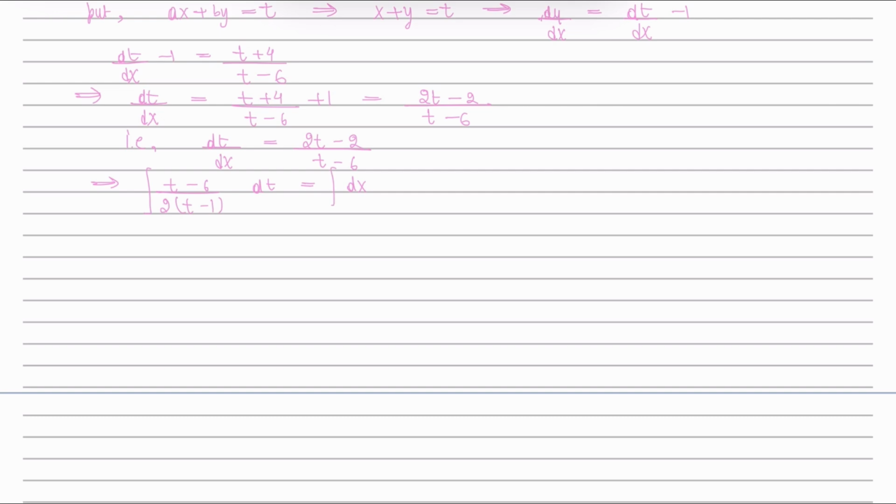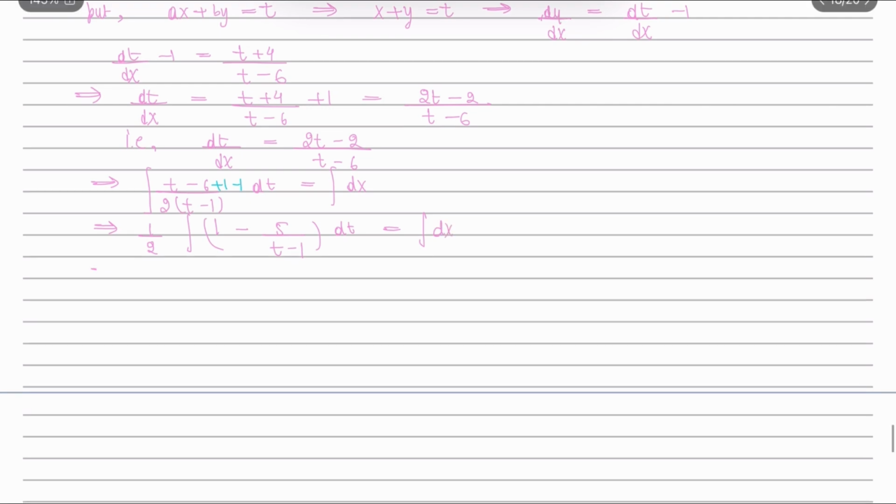Integrating both sides, the left hand side can be simplified into (1 minus 5 upon (t minus 1)) dt. I have done this by simply adding and subtracting 1 here, and the right hand side will be the same. After integrating, the value will be half into (t minus 5 log(t minus 1)) equals x plus c.